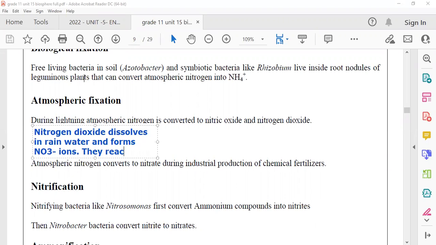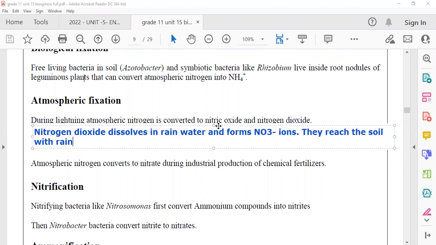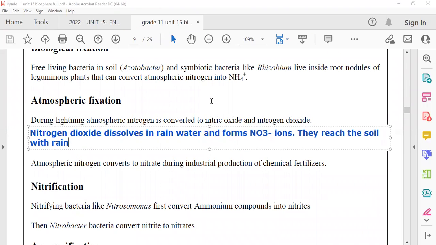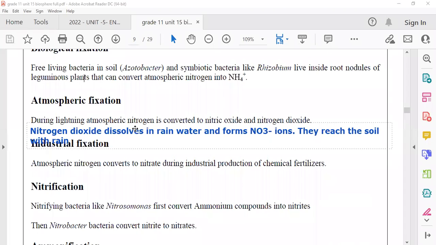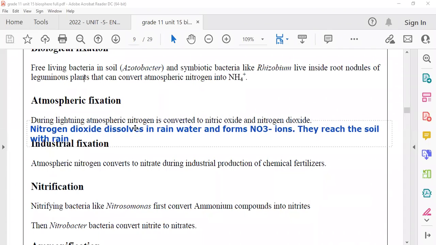They reach the soil with rain. With the rain, the NO3 minus ions are reaching the soil. You have to include that point under this, although I have not written it in the tube.